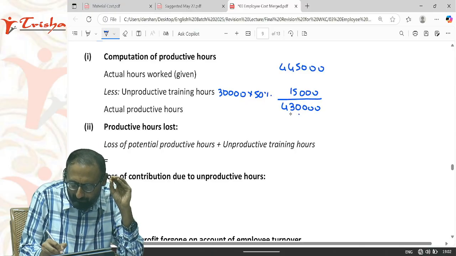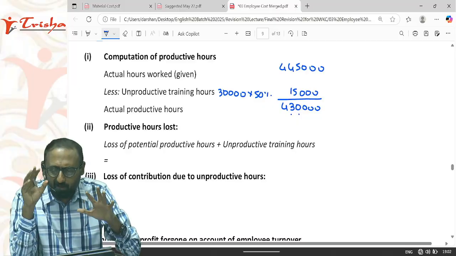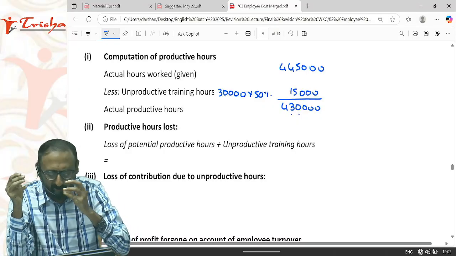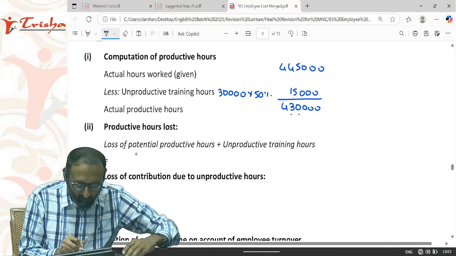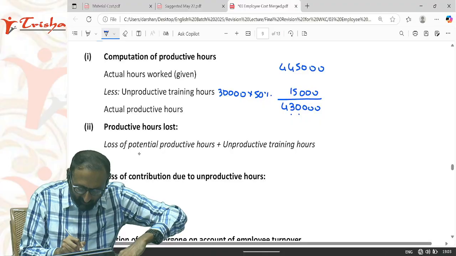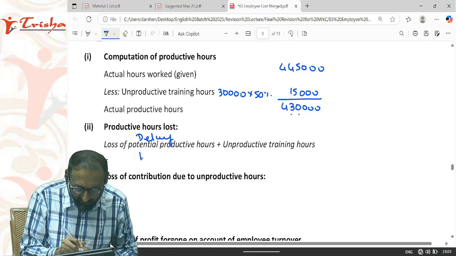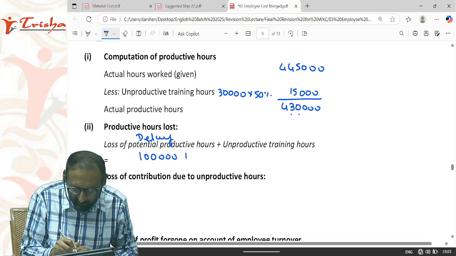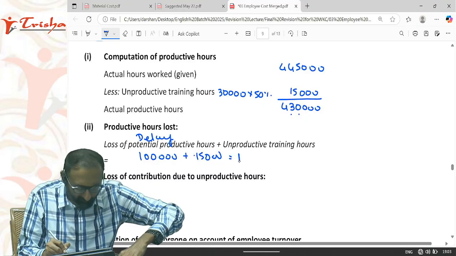Now total productive hours lost: first one will be the delay, 1 lakh, and unproductive will be 15,000. Now total 1 lakh 15,000 hours is lost. Correct?